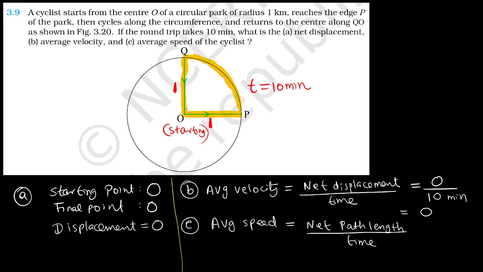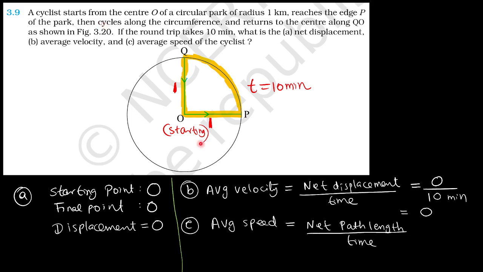Let me write the remaining step here. There is no space. Net path length will be OP. OP is 1 kilometer. Then PQ. You know that PQ is 1/4 of the perimeter of the circle. You agree with me?